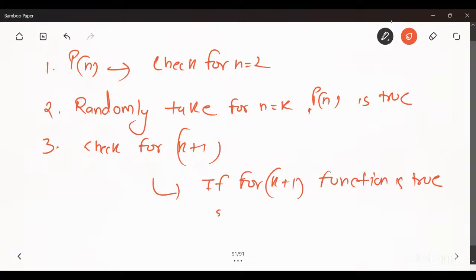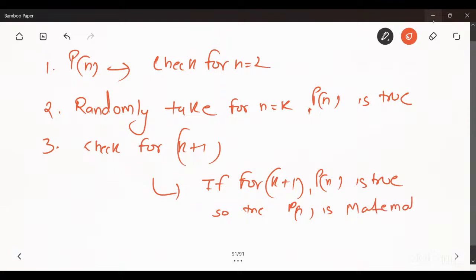So the function Pn for k plus 1 is true. Pn is true. So Pn is mathematically induced. Mathematically true. You can say it is mathematically true.